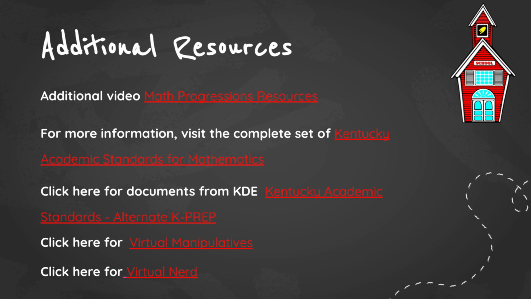All right. So let's get into these resources. First of all, I want to show you this resource, and this is showing the progressions. This is something else that we put together.